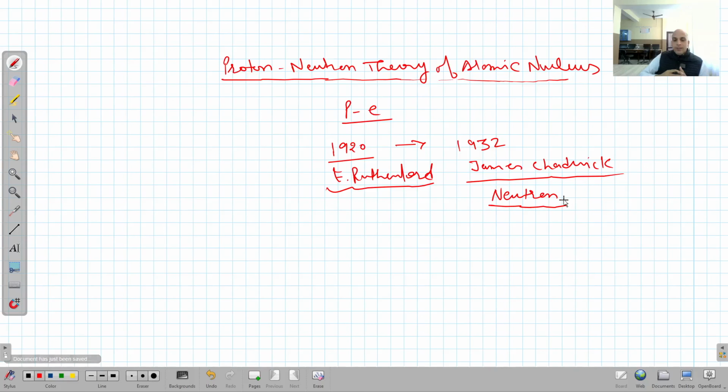inside the nucleus. Several properties of the neutron were also defined at that time. It is a neutral particle, and it has half integral spin, so it is a fermion, obviously. It has a mass of the order of 1.67 into 10 raised to power minus 27 kilogram, or if I express it in terms of AMU, then it is 1.00866 AMU.